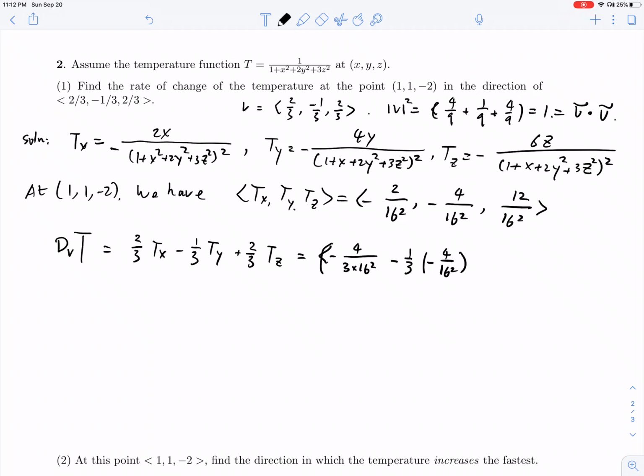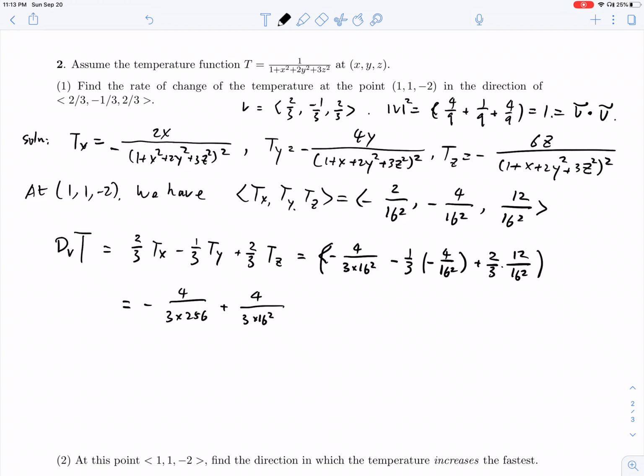So let's just copy this one first, and then plus 2/3 times 12 over 16 squared. Okay, so now let's do some simplification. Add them up: negative 4 over 3 times 256, and then plus 4 over 3 times 16 squared. And then we see these two terms actually cancel.